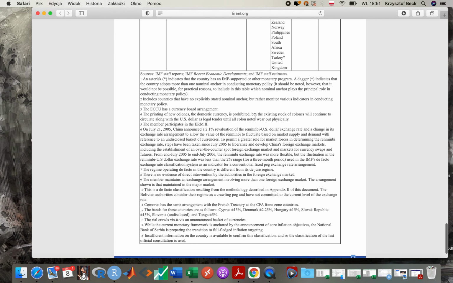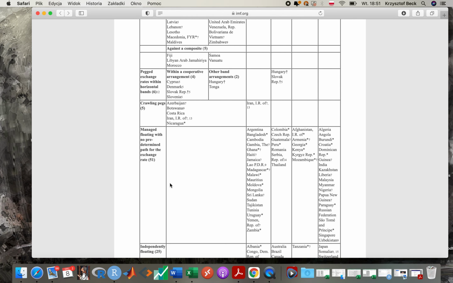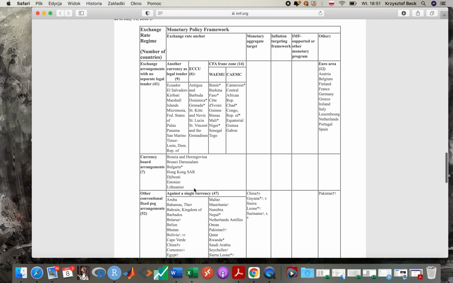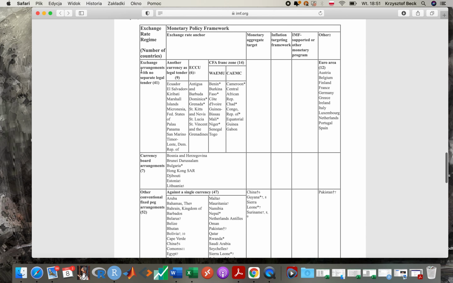Here is a classification of exchange rates from basically all the countries in the world. And look, what do you see over here? Here we are going from exchange rate arrangements with no separate legal tender, like when countries basically share the same currency, like the case of the euro area.